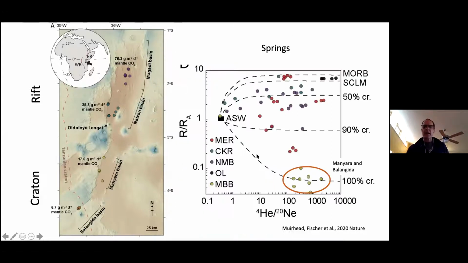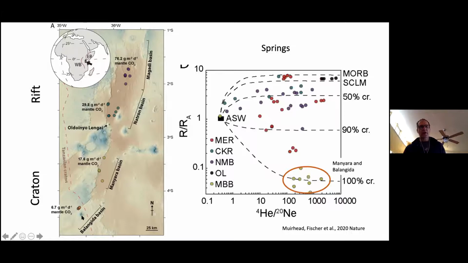Now, when we look at the helium isotopes, again, what we see is that in the rift area, we have relatively high helium-3,4 ratios, which implies a mantle-derived contribution or subcontinental lithospheric mantle-derived contribution, with values as high as about 5 to 7. And again, the contrast is striking when you go onto the Craton.